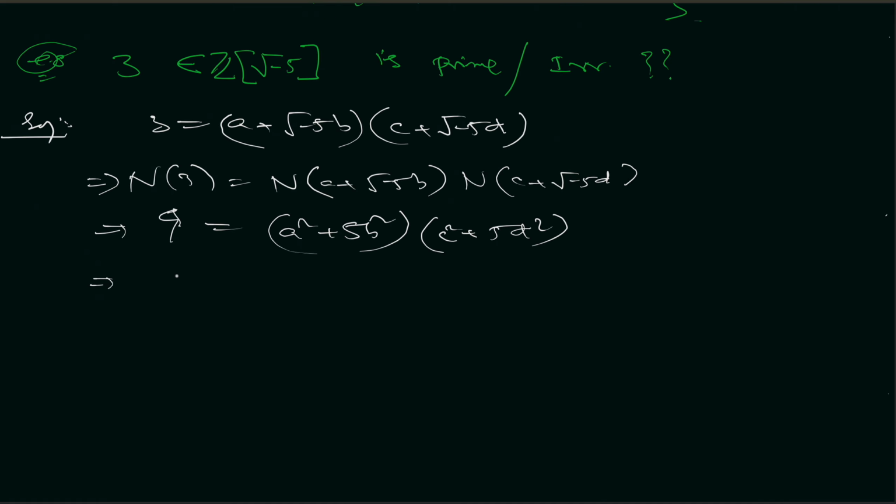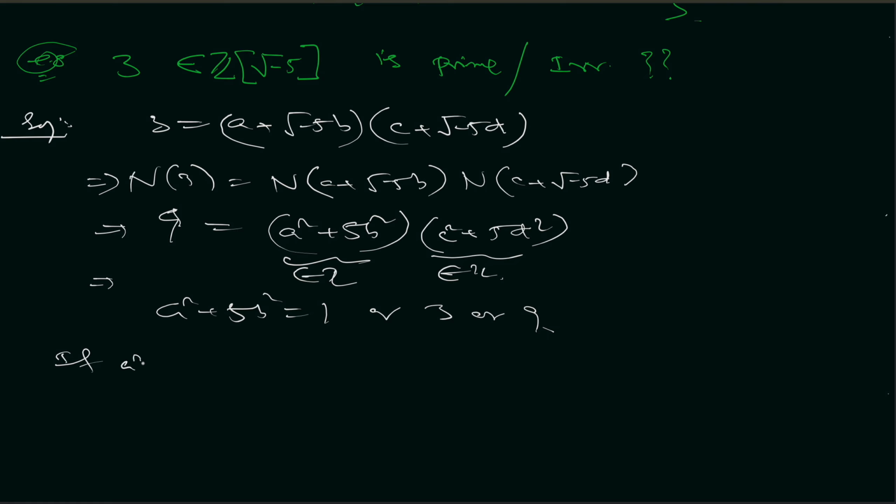This implies that each of these elements is in Z, and multiplied together they give 9, so a square plus 5b square equals 1 or 3 or 9. If a square plus 5b square equals 1, this implies that a plus square root of -5 b is a unit, because the norm is 1.